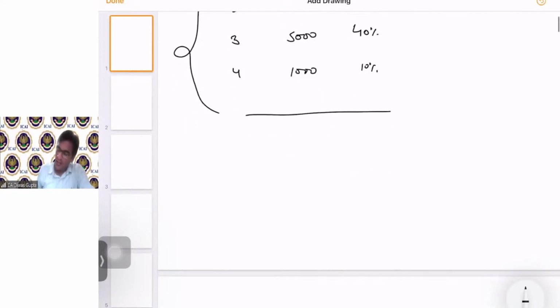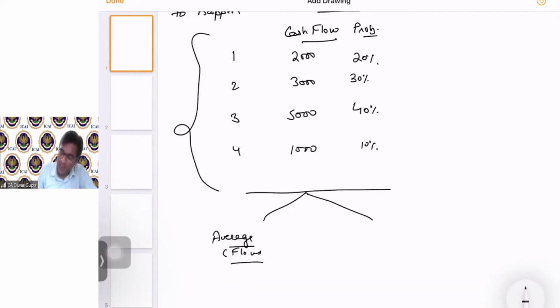Let's say we are asked to calculate two things. One is an average cash flow. Can I calculate average cash flows? I multiply the respective cash flows by their probabilities and arrive at a total.